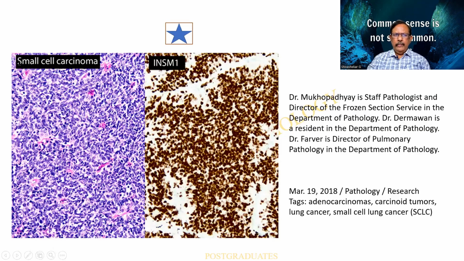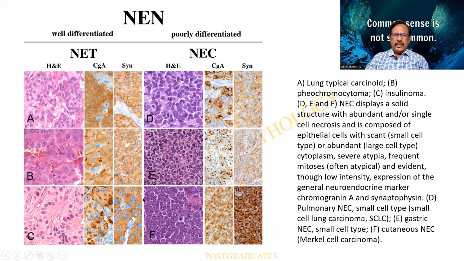So insulinoma. I find that in small cell carcinoma, it can be positive for insulin marker. So this is just a difference between the neuroendocrine tumor and a neuroendocrine carcinoma. And the added diagnostic aids are chromogranin A and synaptophysin. So what is being studied is a morphology, then the positivity for these markers.